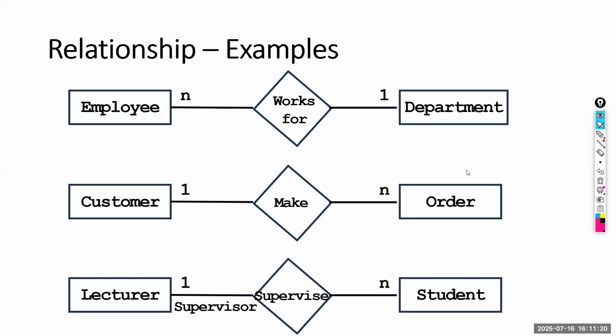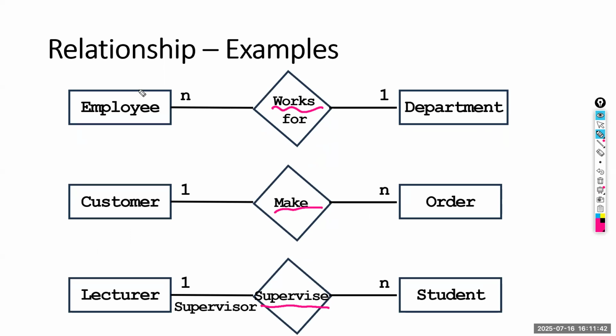So these are some examples of relationships. Of course, these are all binary relationships. And we can see often you will have a verb here that makes it very natural, because you remember in second paper's part B, always you get a question, and often they ask you to draw the ER diagram.